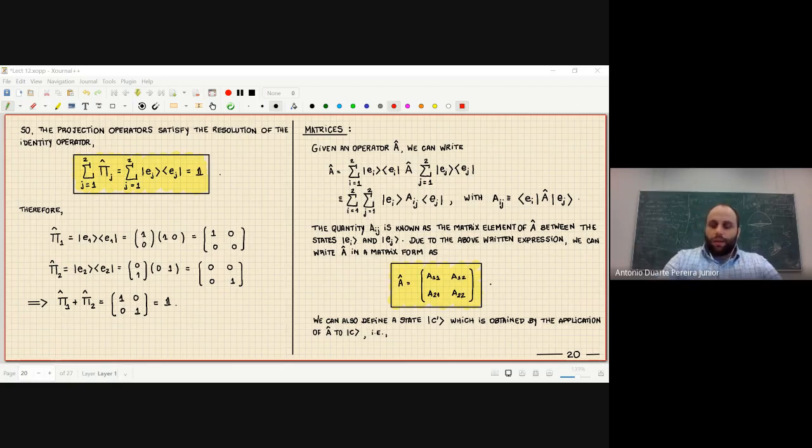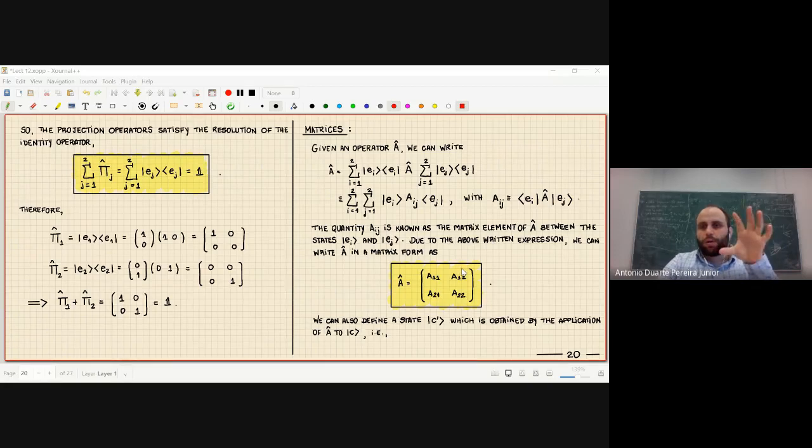So now that we have an operator A hat, in the context that we are discussing, this is a 2 by 2 matrix. So I can act with this operator on a ket. And remember, a ket is a column vector.